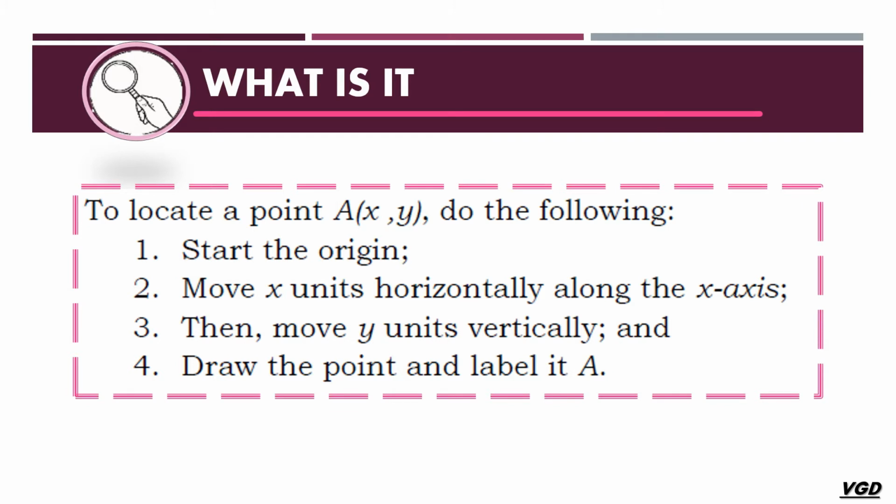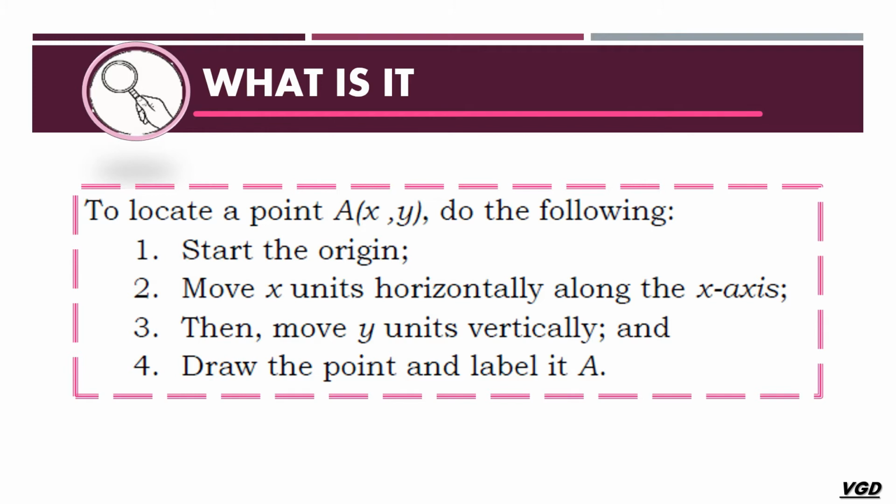What is it? In this lesson, you will locate the position of given points in the Cartesian coordinate plane. And to locate a point A with the coordinates x and y, you need to do the following. First is to start at the origin.